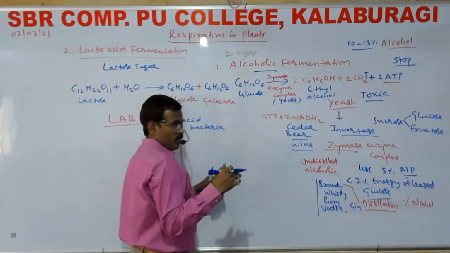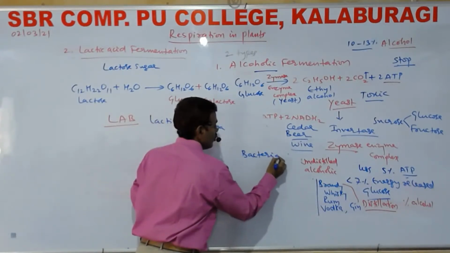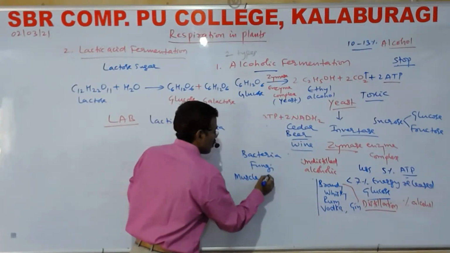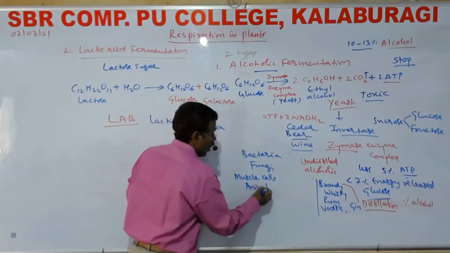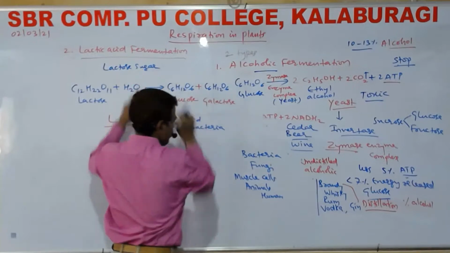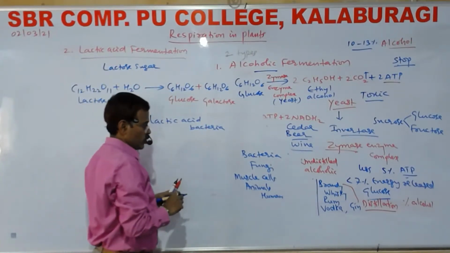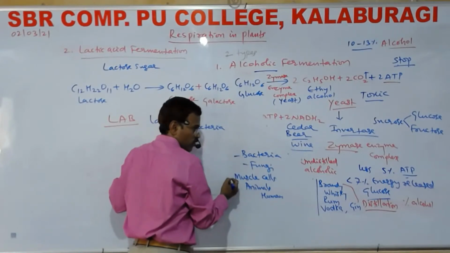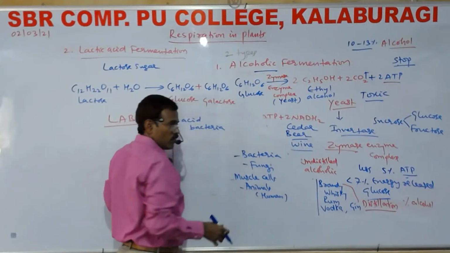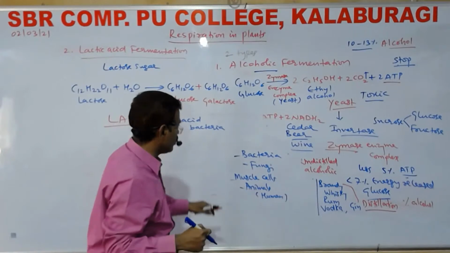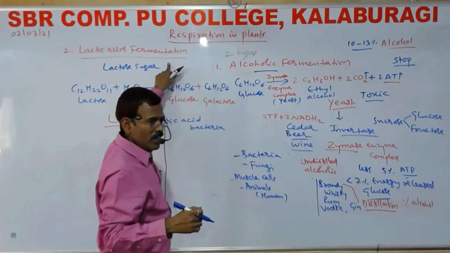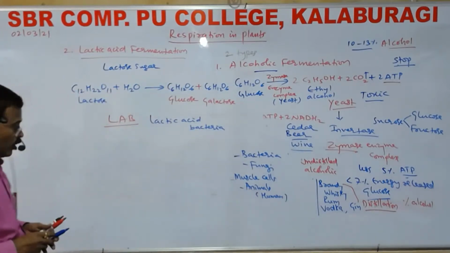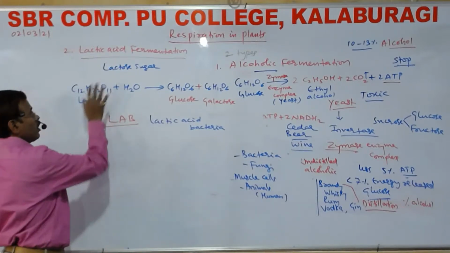Fermentation is carried out by certain bacteria, certain fungi, and you can see it in the skeletal muscle cells of animals and human beings. Unicellular eukaryote yeast is a fungus. Especially muscle cells involved in heavy exercise, heavy running, show this lactic acid fermentation. So lactic acid bacteria play a very important role in lactic acid fermentation.